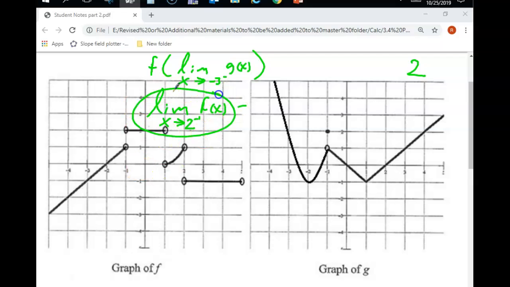This would probably be the right way to write it instead of writing it like this, just so you guys know. Because I don't think this is proper limit notation, but I did it on purpose because if I did that, I'm pretty sure I would have lost about half of you. But now that we know the idea of what we're doing here, technically, this is what we're really trying to say. We're trying to find the limit of f as x approaches 2 from the left, and that's really the proper way to write it.